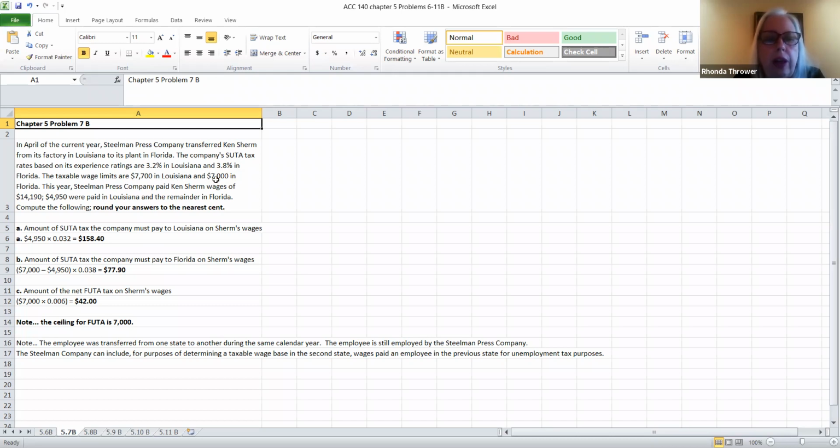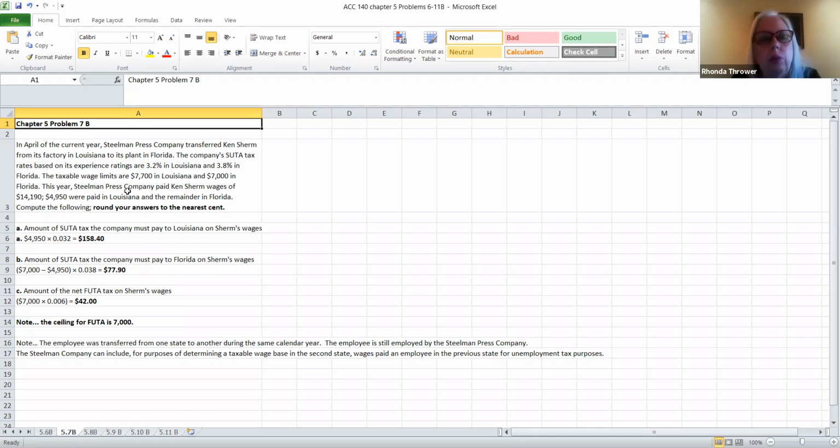And there are $7,000 in the state of Florida. So Louisiana and Florida have two different ceilings. You have to take that into consideration when you're calculating your unemployment taxes.